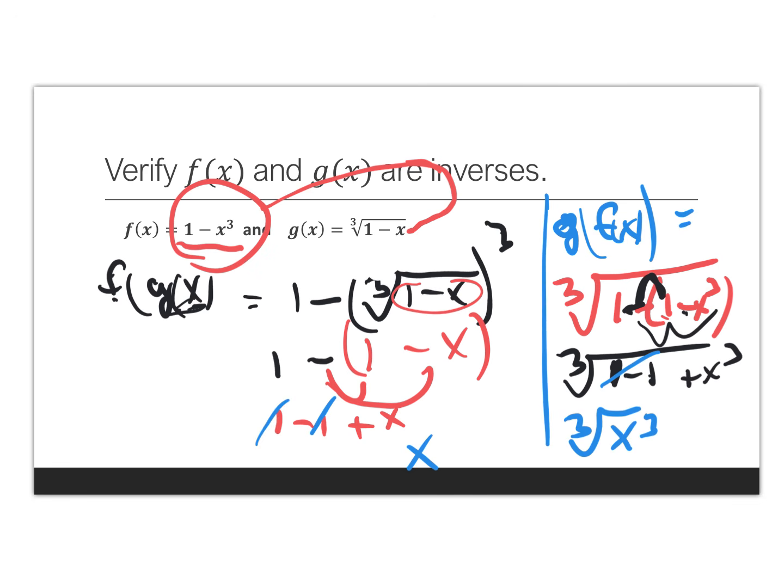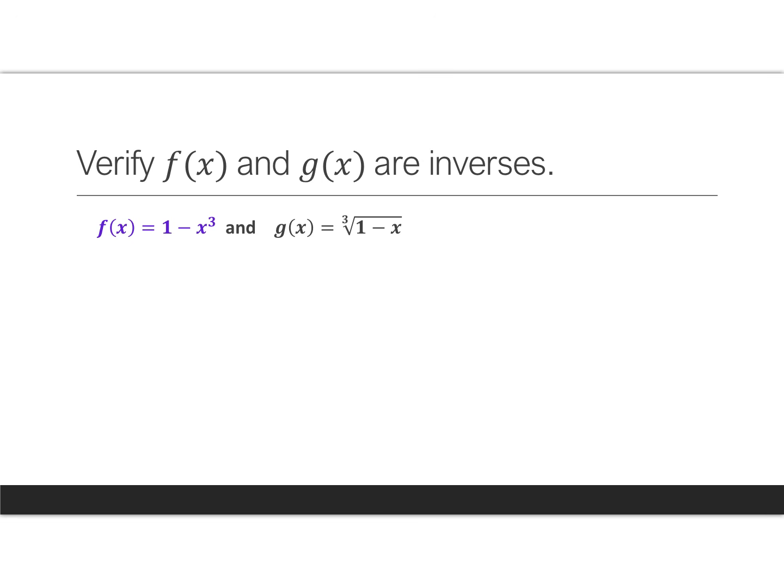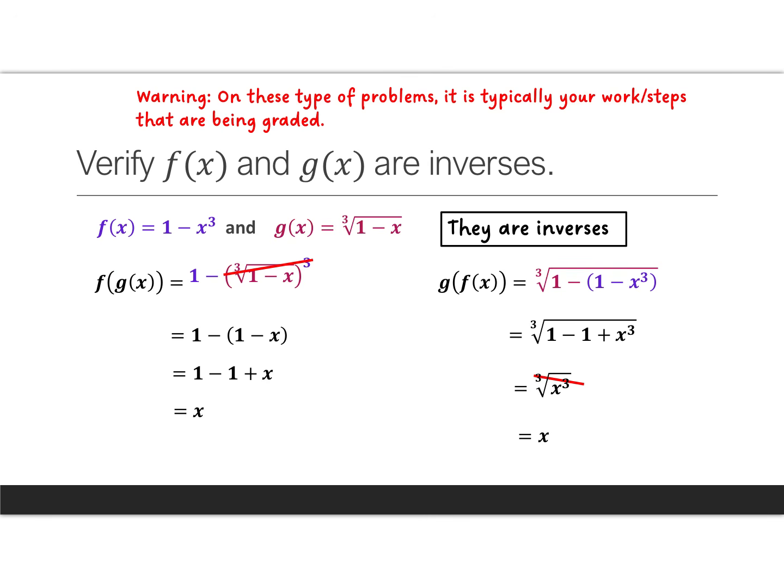And like I said before, cube root cancels out cube, leaving x. So true, they are inverse of each other. Let's see if the author agrees with me. Yeah, looks very similar to what I did. Just real clean because it's all typed, and you don't have to worry about any nasty handwriting.